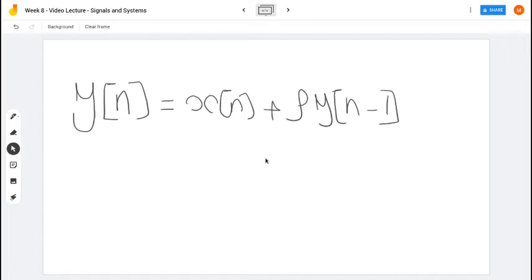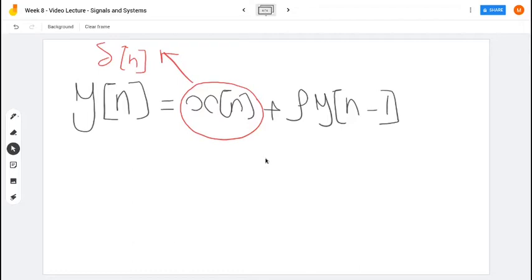In order to find the impulse response, first we have to replace x of n by a delta of n. Because as you remember, the impulse response is the output coming out from a system when the input is an impulse. So the first step in order to get the impulse response is simply to apply an impulse, to let x of n equal delta of n.